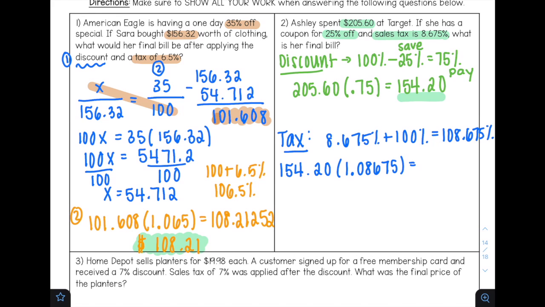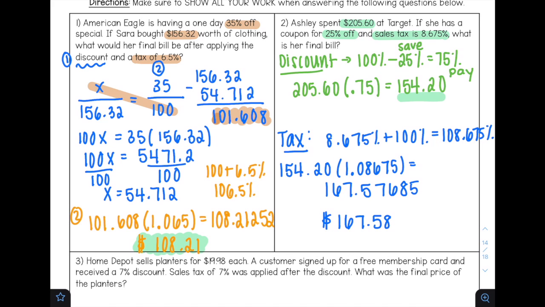And again, by doing it this way, it's already shortcutting it, saying I'm going to add my percentages together versus adding my total amounts later on. So I do it now versus later. I'm going to get a total of 167.57685. I know I'm talking about money, so my total amount is $167.58.